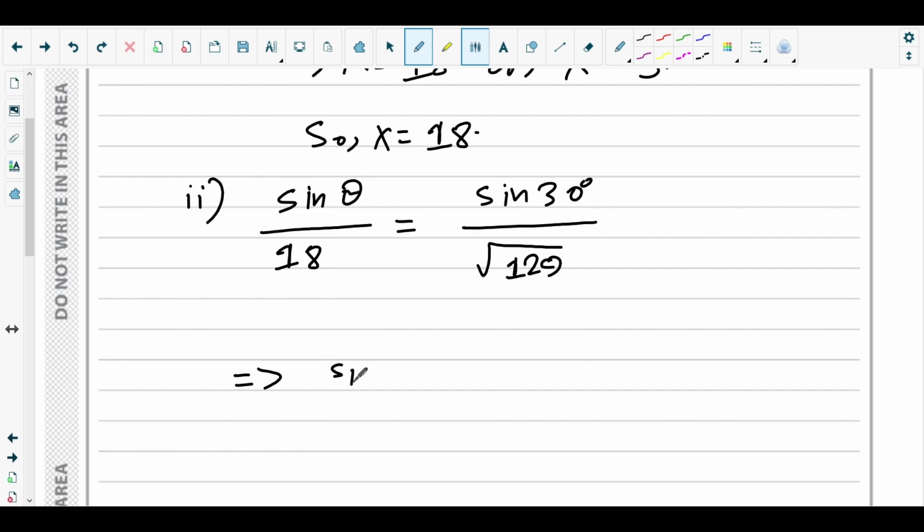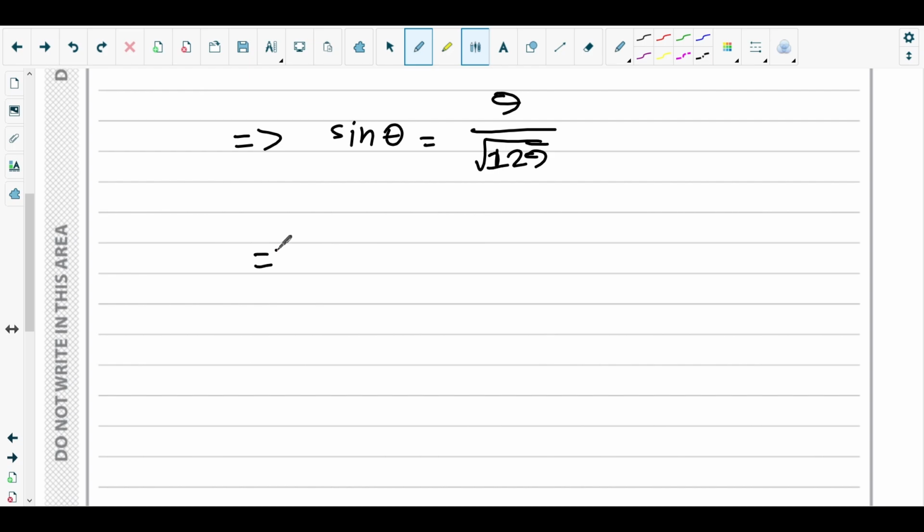So we need sine theta. So sine theta equals what? Sine 30 is half. So half times 18, that is 9 over square root of 129, right? Okay. Next we need the value for theta. So let's use the calculator to find the value for theta. Sine inverse 9 over square root of 129.